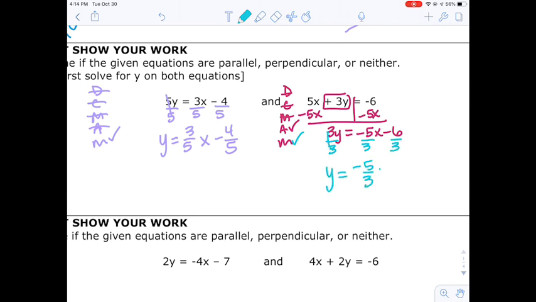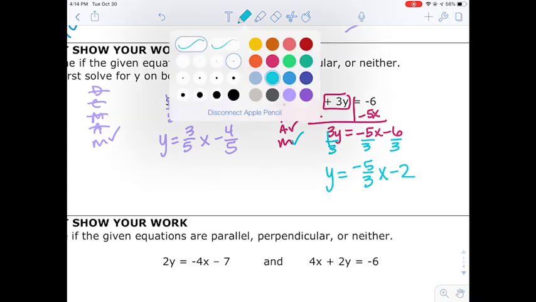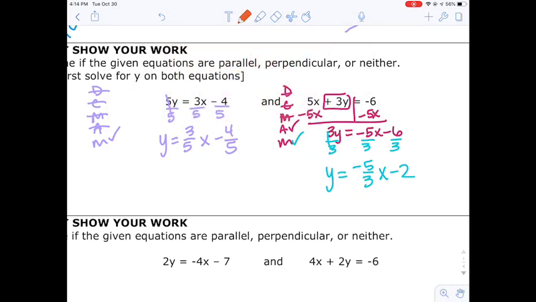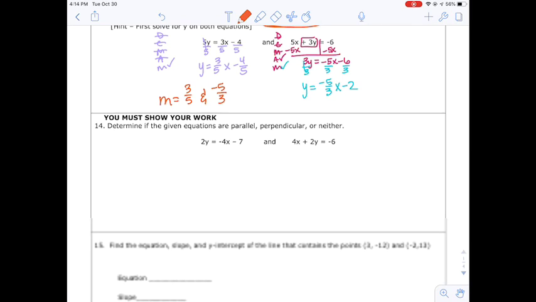So I have -5/3 x minus 2. When I look at my slopes, I have 3/5 and -5/3. These are going to be perpendicular because they are opposite reciprocals of each other. 3/5 turns into 5/3, positive turns into negative. So these are perpendicular.